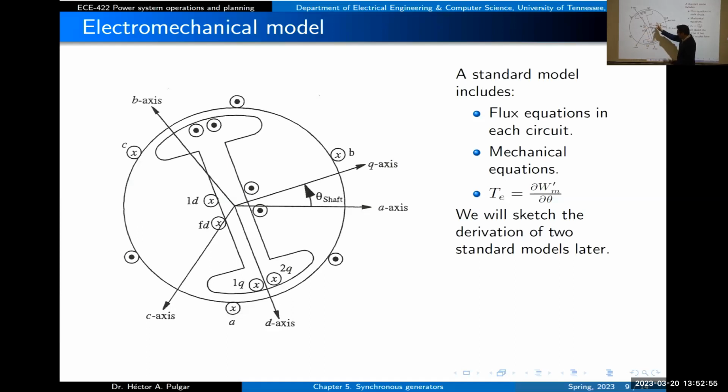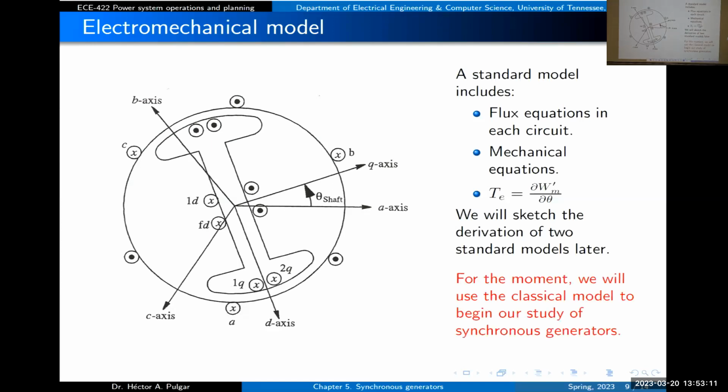So if the rotor moves, the flux from that winding will move as well. And that movement in the flux will induce voltage in the stator. But also in the rotor, we will have 3 other windings that are in short circuit, and we call them dampers.